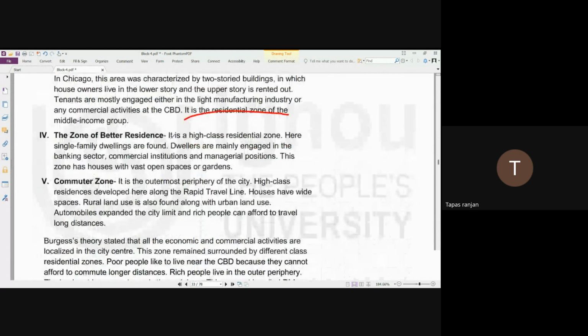Then the zone of better residence is basically a high class residential zone where a lot of rich people prefer staying. Then your commuter zones are basically those connected with the roadways and different transport and communication facilities.